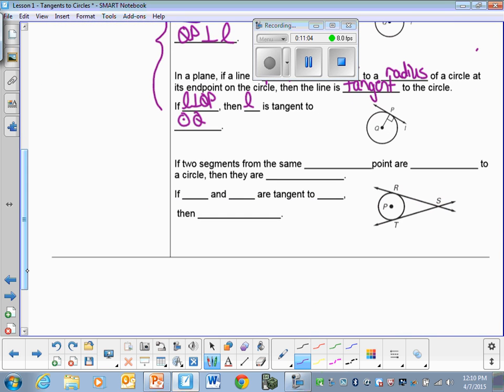Next one. If two segments from the same exterior point, which in this case would be point S, are tangent to a circle, then they are equidistant.